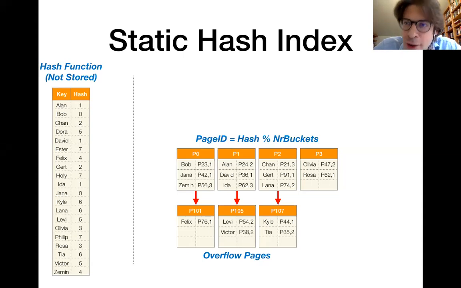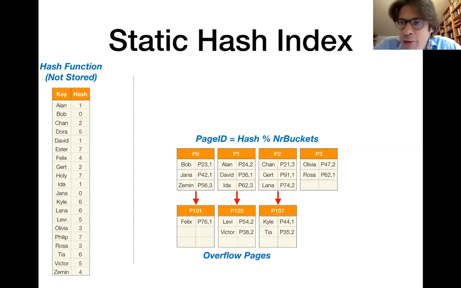We have seen different versions of hash indexes. Here we see an example for the most simple version, which is the static hash index, which doesn't deal particularly well with data insertion. So if you insert more and more data, then at some point your hash buckets will overflow. And in the simple version, we just add those overflow pages here, which are linked by the arrows in red.